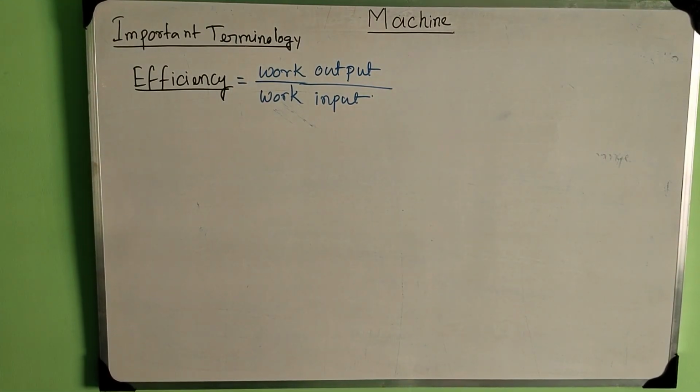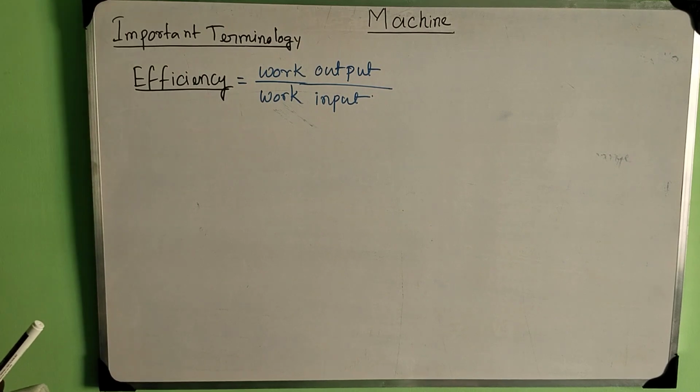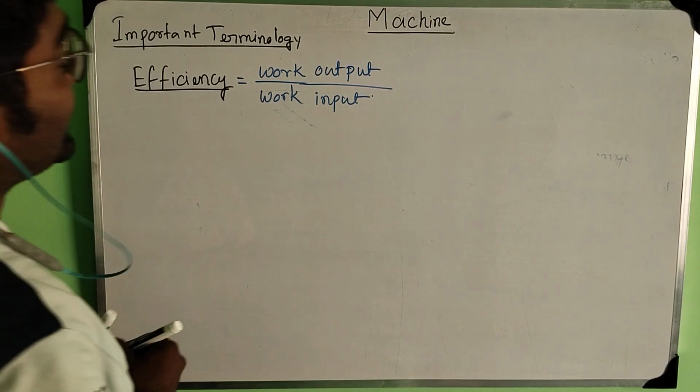So efficiency means work output by work input. This is the ratio. Efficiency is the ratio of work output and work input.